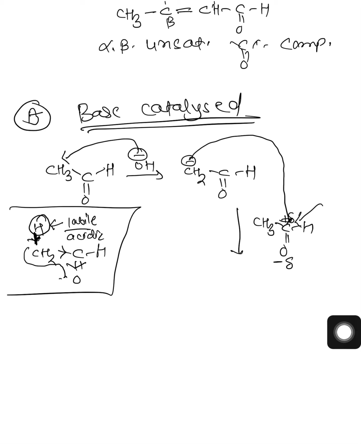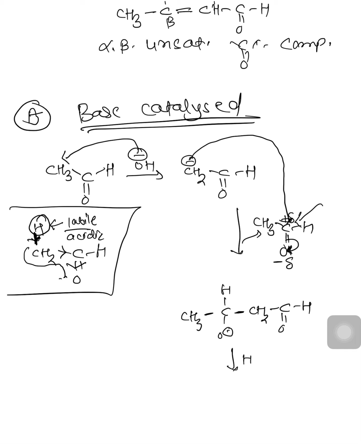So one bond will break. So oxygen is more electronegative, so it will attract electrons towards itself. So the resulting structure will be CH3, now C, there is a presence of H, O minus. This carbon is attaching with CH2 negatively charged, C double bond O H.